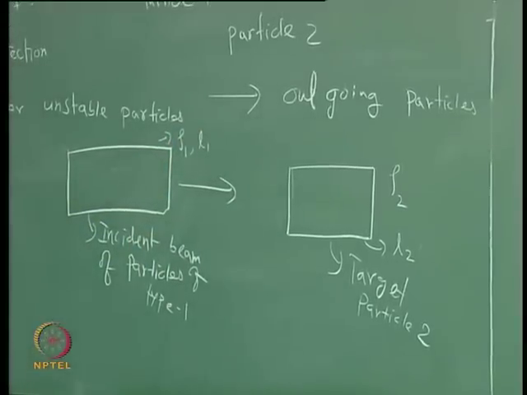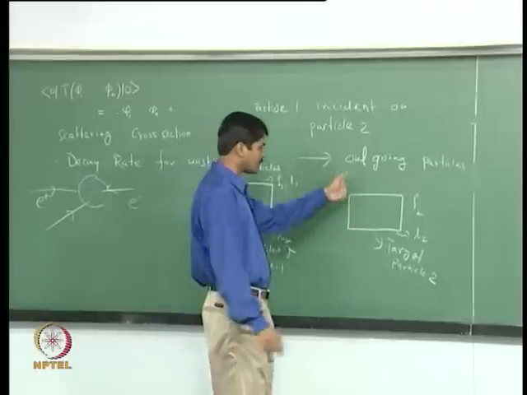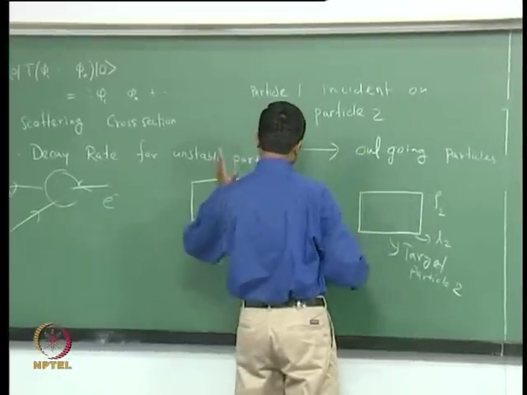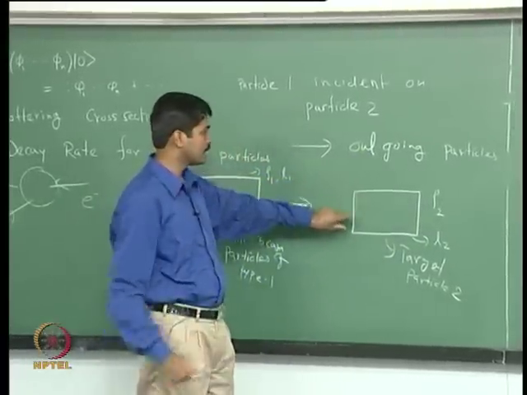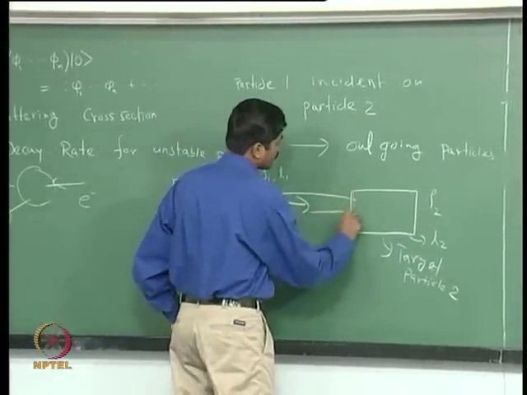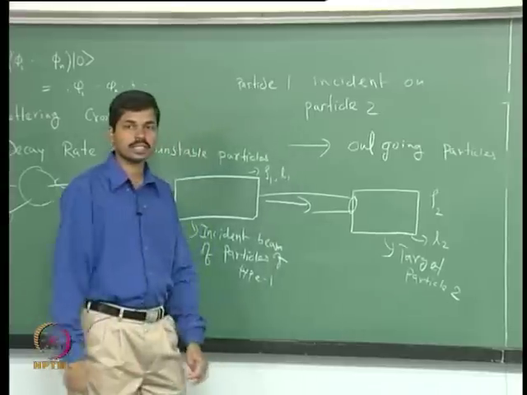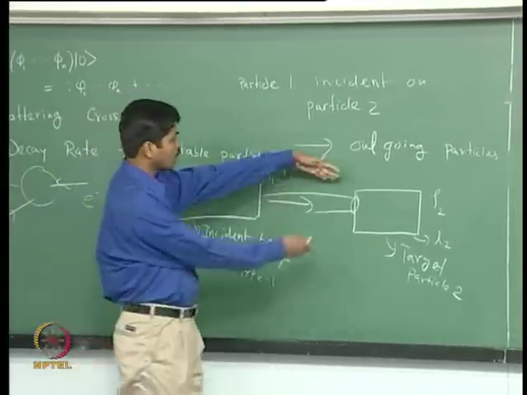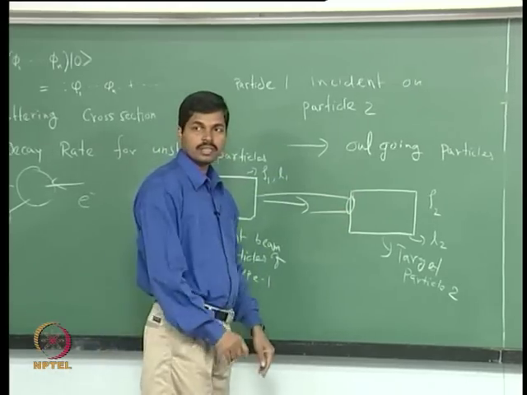What else can it depend on? It can also depend on the cross sectional area. If the incident beam comes only on a very small region of this target, then the number of events will be less. If it comes on the entire thing, it will be more.